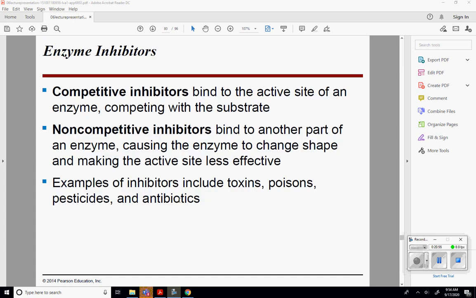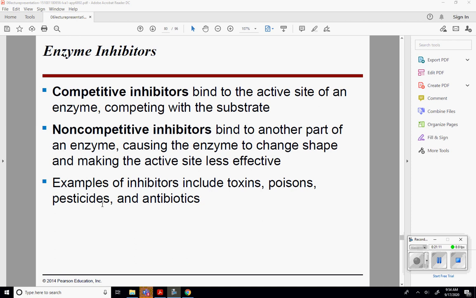So examples of inhibitors include toxins, poisons, pesticides, and antibiotics. So we kind of have an understanding of what those kind of things do, and now kind of know why they are effective.